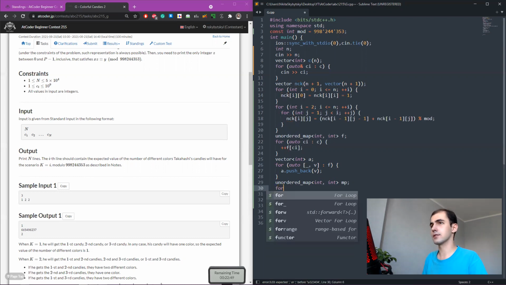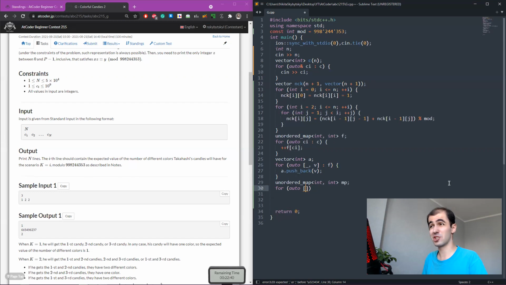That is just a very nice trick that I last used in the CodeChef February challenge, 2021, of course, because I don't remember anything that was happening in 2020. So I loop over all values in the frequency array so that map at A[i] gets increased.